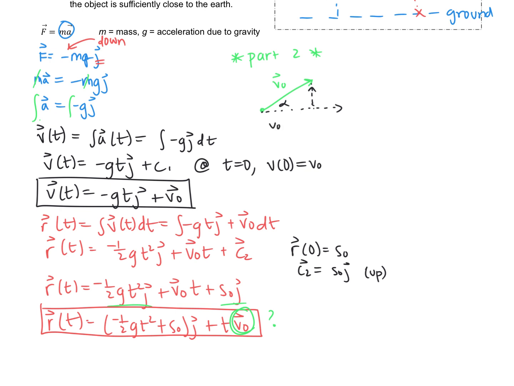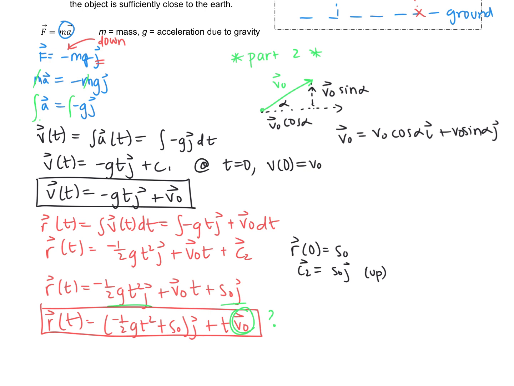So the horizontal component is going to be v naught cosine alpha. And then our vertical component is going to be v naught sine of alpha. So what we can do then is rewrite that vector as v naught cosine of alpha i, add v naught sine of alpha times j.